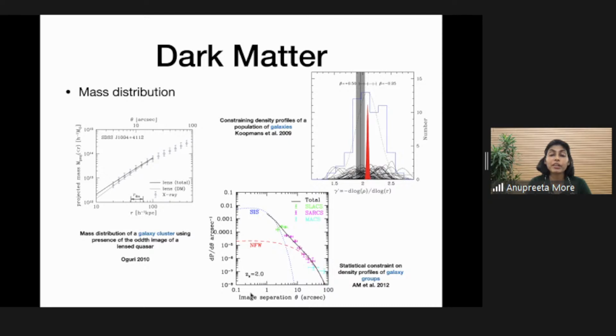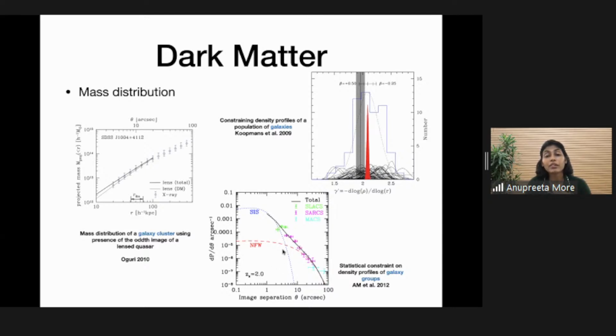For example, we are looking at the Einstein radius, and what we are asking is, if you have a systematically compiled sample of strong lenses from a survey, what would be the distribution of the Einstein radius found in the entire population? And that depends on what is the mass distribution of your lenses.